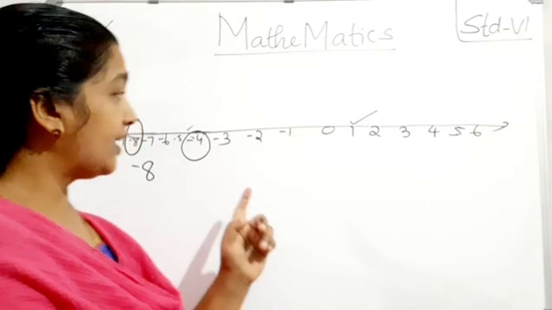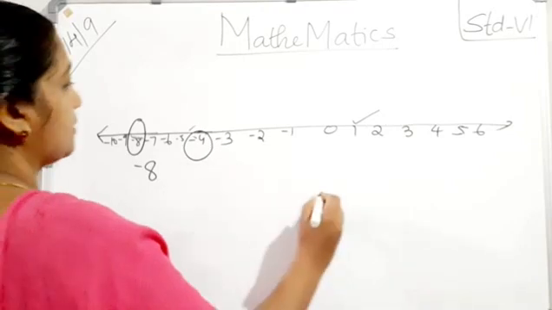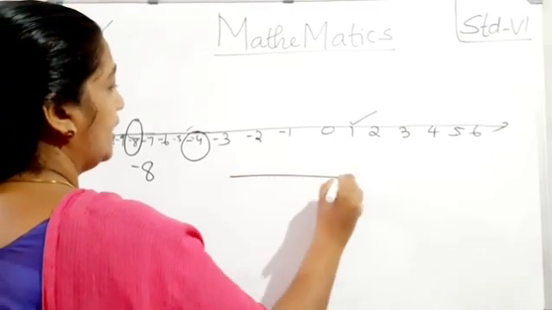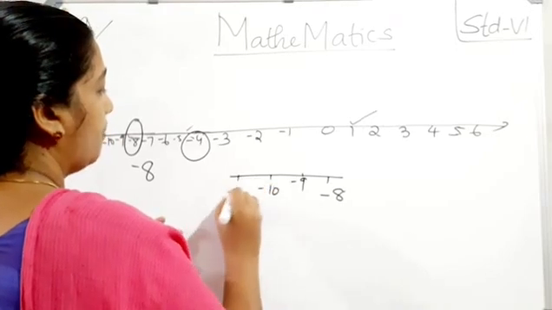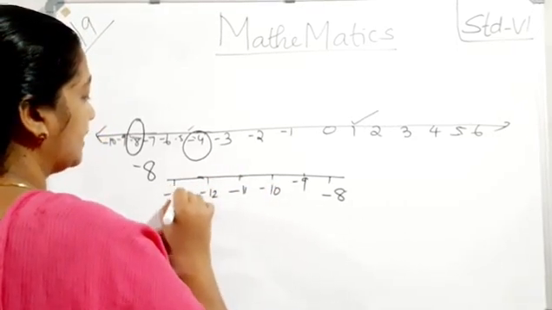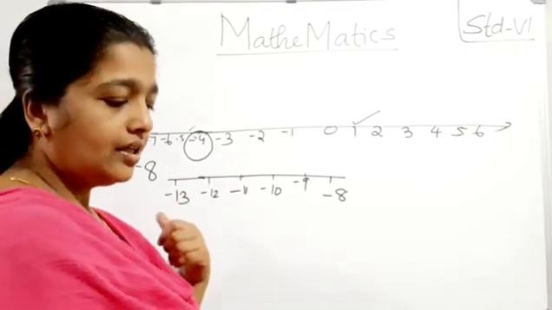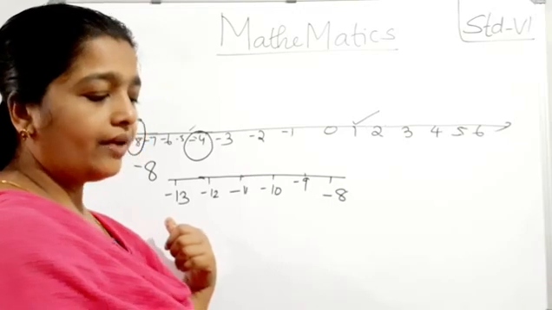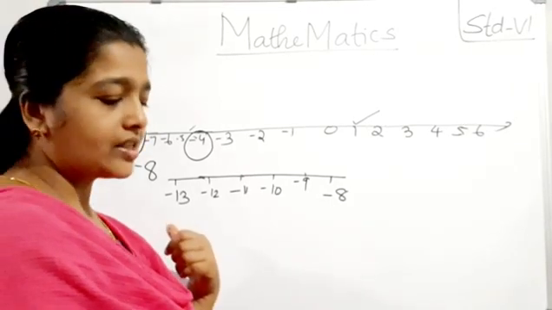Here is minus 8, then minus 9, minus 10, minus 11, minus 12 and minus 13. So the direction, left or right? To the left. Understand?